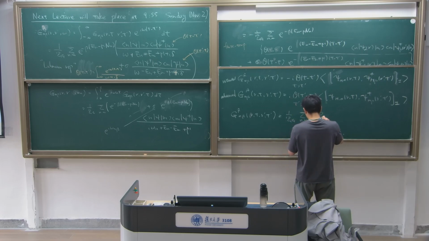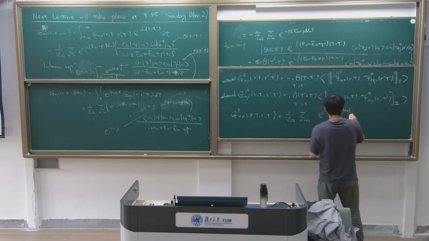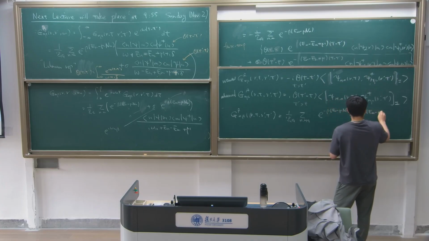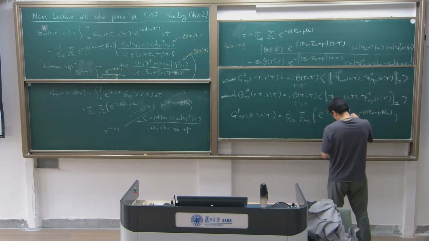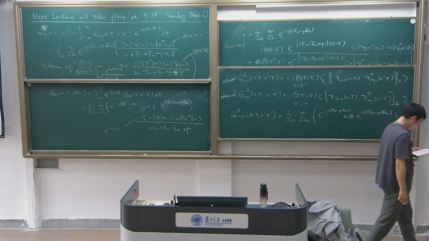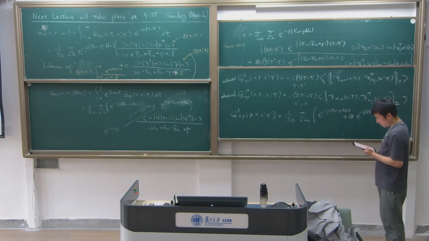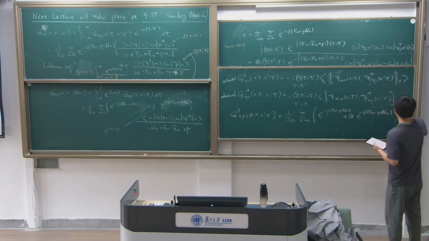e to the minus epsilon_n, and minus epsilon_m... plus or minus e to the minus epsilon_m, minus epsilon_n... Sorry, this is plus sigma. Or plus sigma. Yeah, maybe I should call it sigma.